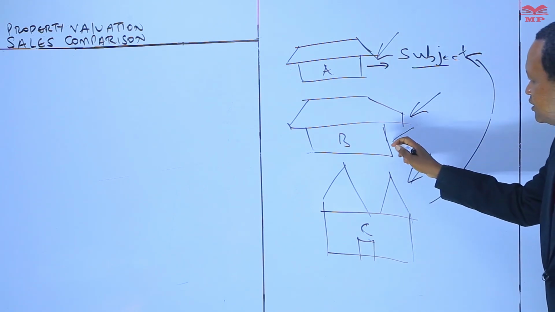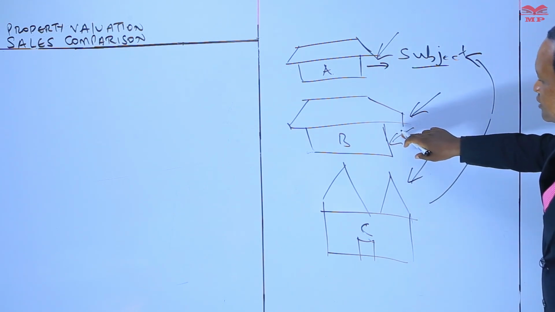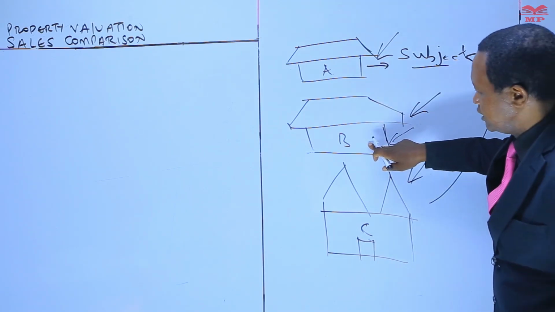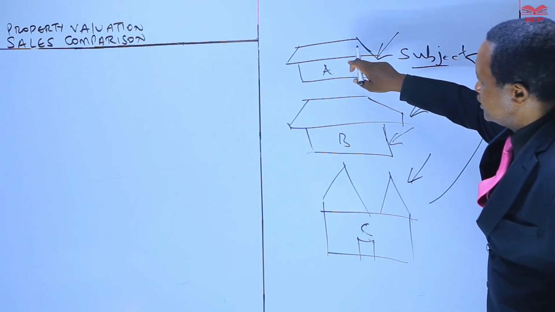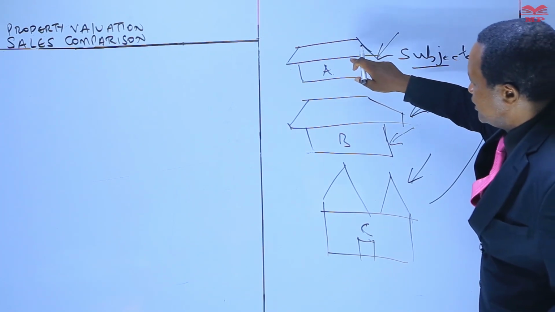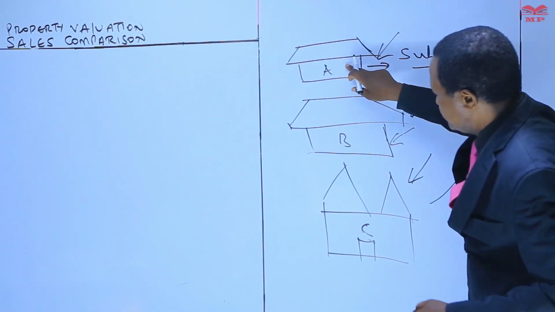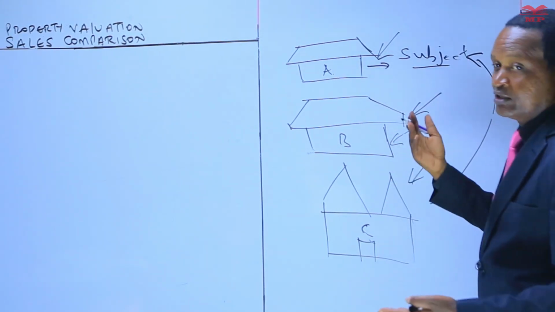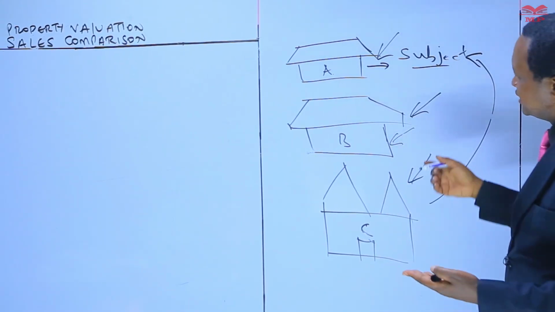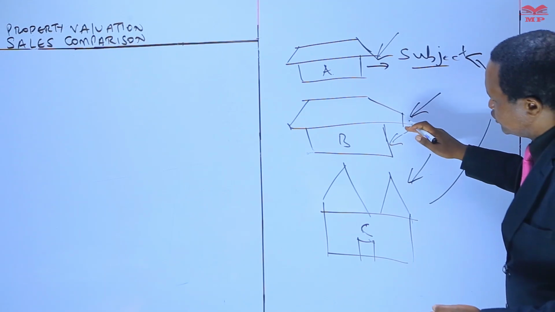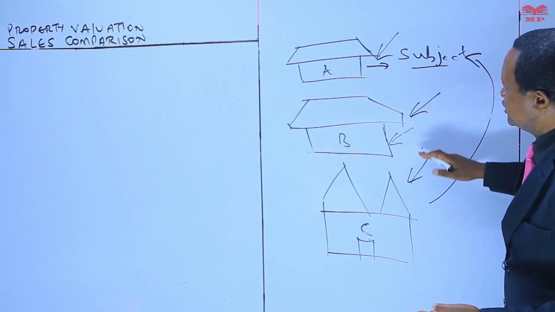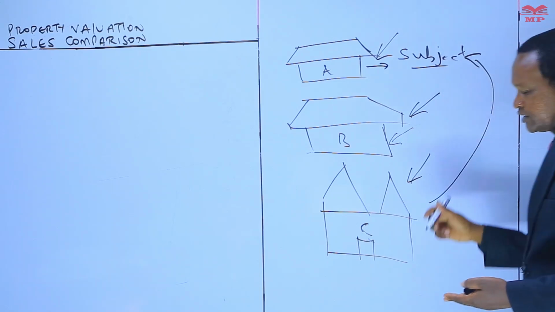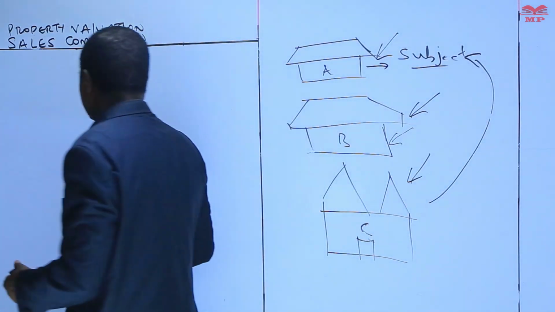Maybe this property has additional features than property A. You may find that property B has 3 bedrooms. This one has 2 bedrooms. Property A may have 2 bathrooms. Property B has 1 bathroom. So there could be differences or variation. So adjustments are made to the properties that were sold previously in order to determine the price of the subject property.